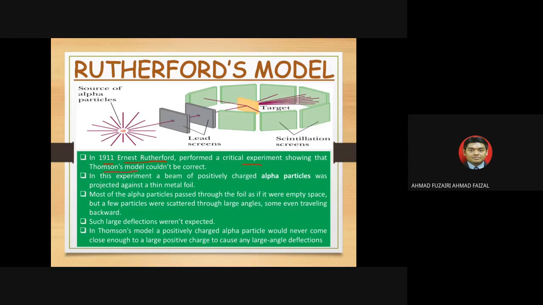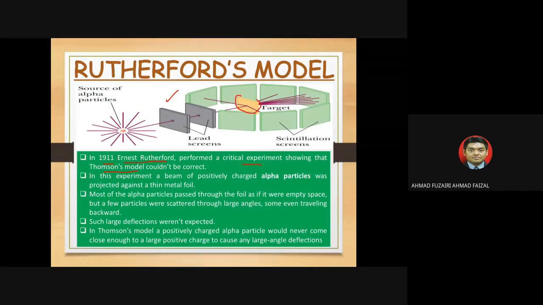In his experiment, he used alpha particles, or helium nuclei, as a beam, as shown in this given diagram. This beam of alpha particles was projected against a thin metal foil here.